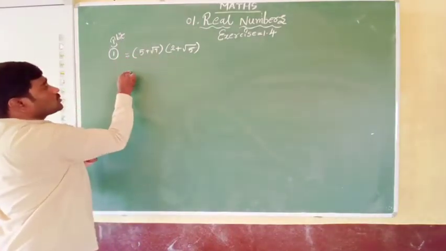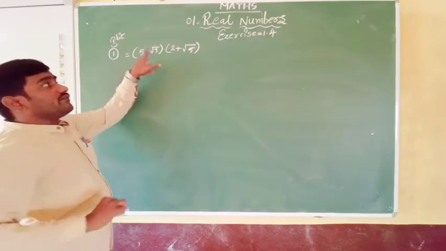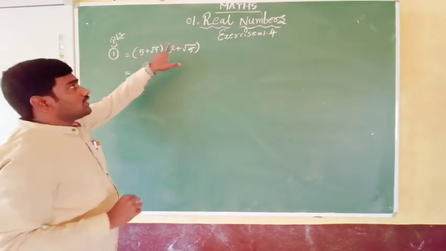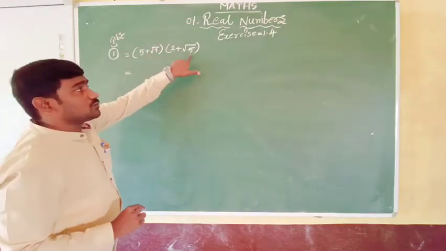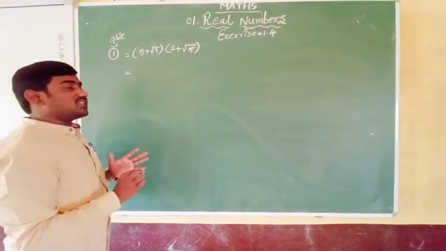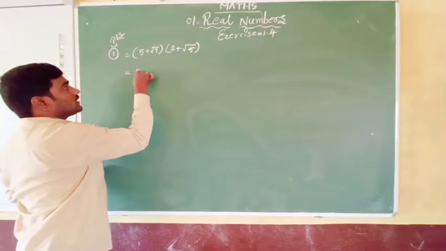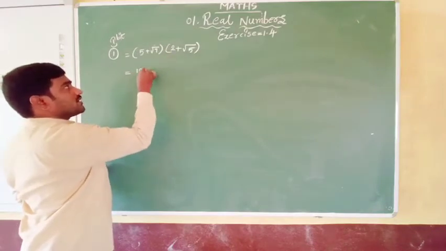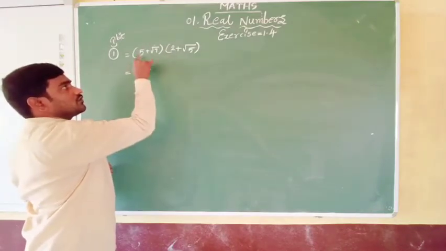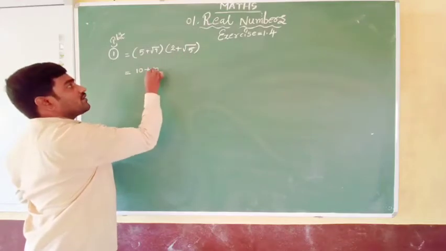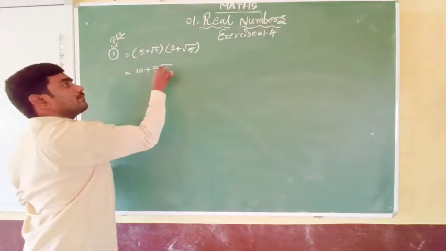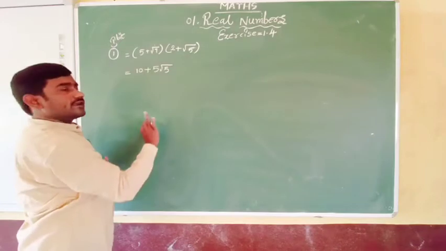As you know how to do it here, with 5 we need to multiply both the terms, then with root 7 we multiply both terms. With 5 we will multiply now: 5 twos are 10, and 5 into root 5 is 5 root 5. With 5 I have completed the multiplication.